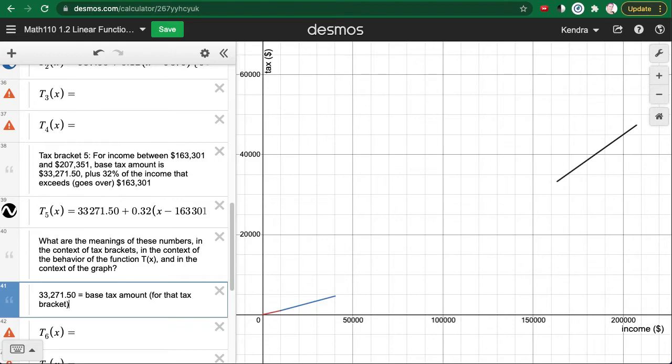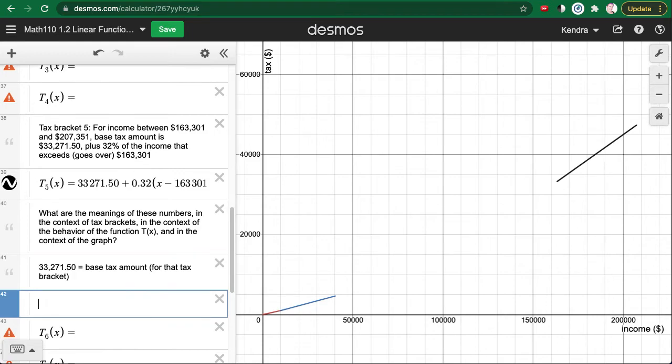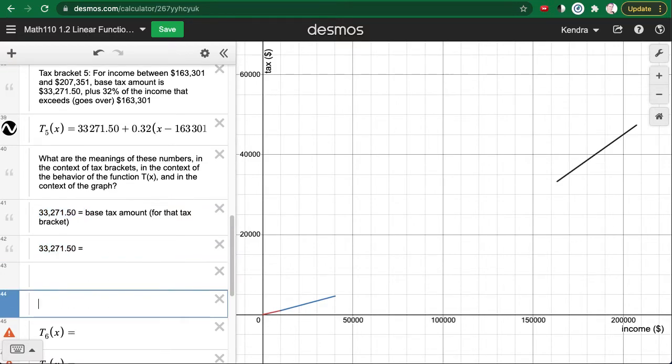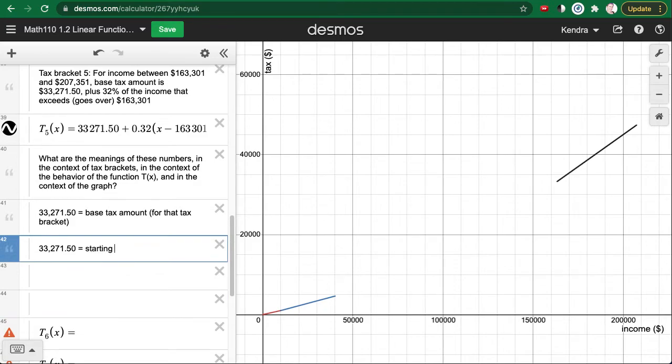Okay. Now, what about in terms of the function? We should be talking about the function in terms of input values and output values, and how the function changes. So again, what does that mean in terms of the function? This is the starting output value.